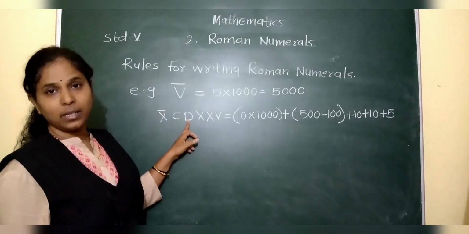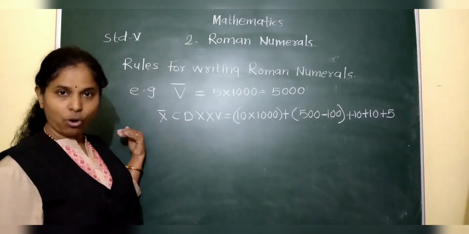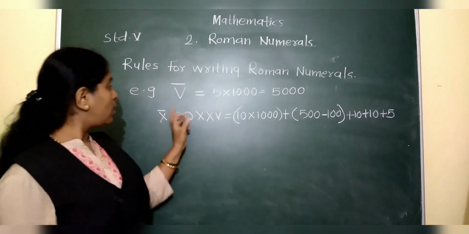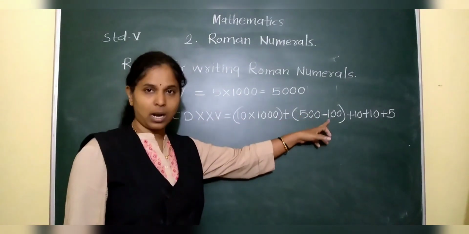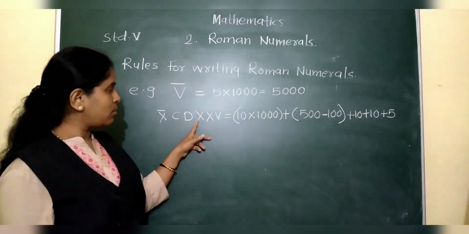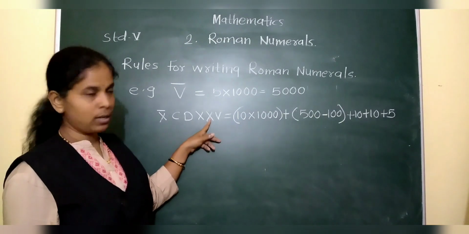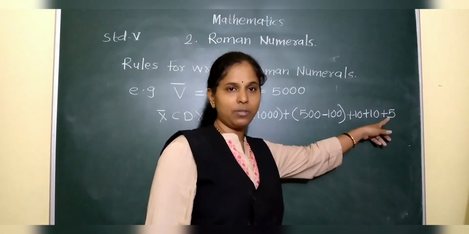Now see, D is the larger number and C is written before the larger number. So we have to subtract 100 from 500. So 500 minus 100, plus X means 10, plus 10, and V means 5. That is plus 10 plus 10 plus 5.